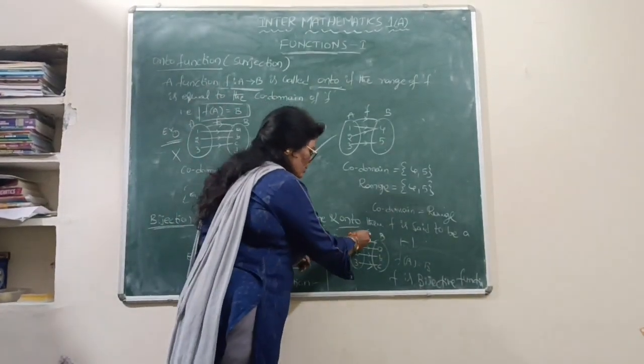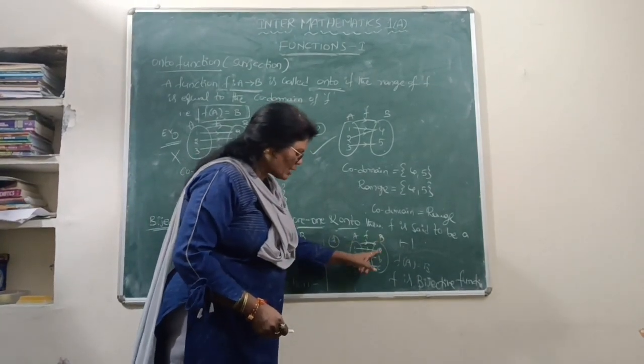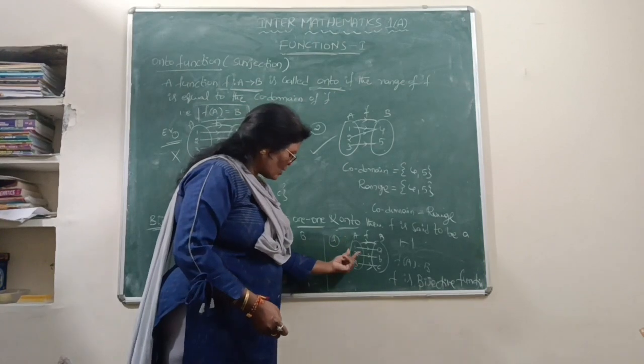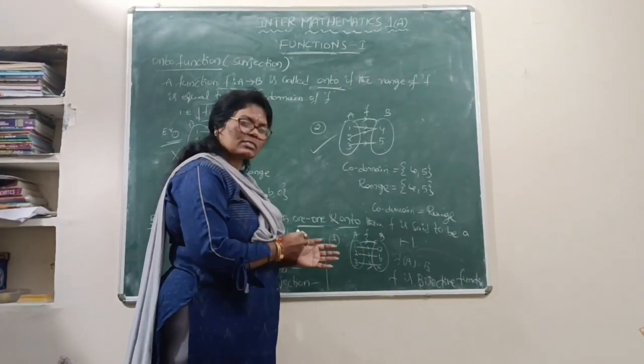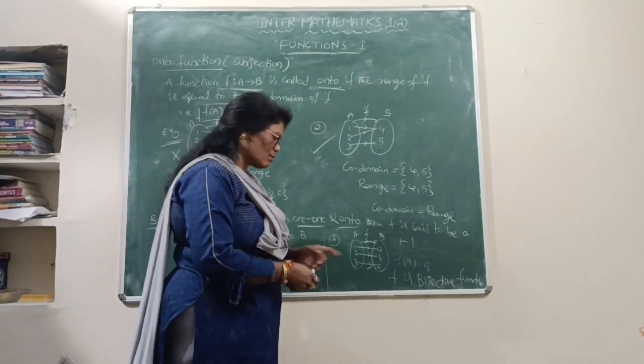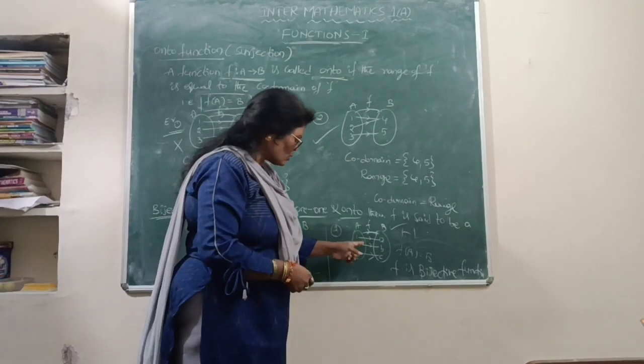We'll discuss a second example also. Here f is a mapping from A to B, and A contains 1, 2, 3, B contains A, B, C. Every element has an image, meaning distinct elements have distinct images, so it satisfies the one-to-one condition. And what about the onto condition?